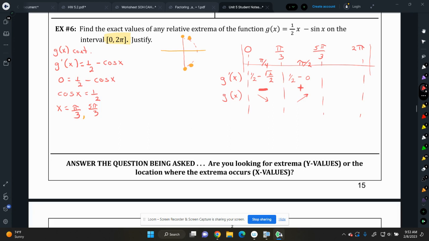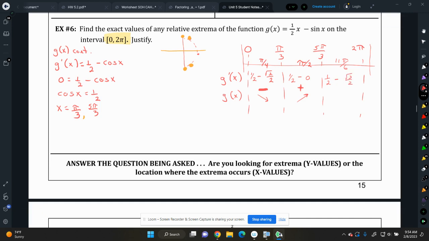Okay, a number between 5 pi over 3 and 2 pi. All right, we can pick something right there, which is 11 pi over 6. What's the cosine of 11 pi over 6? Square root of 3 over 2.